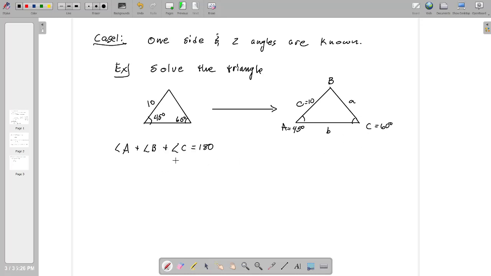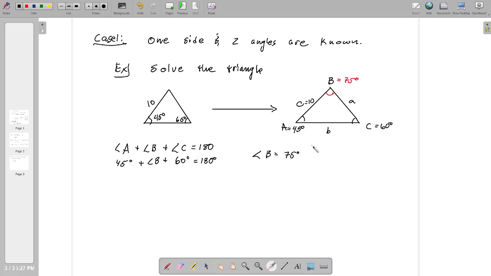Now angle C is 60 degrees, angle A is 45 degrees, and we don't know what angle B is. So subtract 45, subtract 60, same thing as subtracting 105, and we get that angle B is equal to 75 degrees. Obviously not well drawn in my picture.